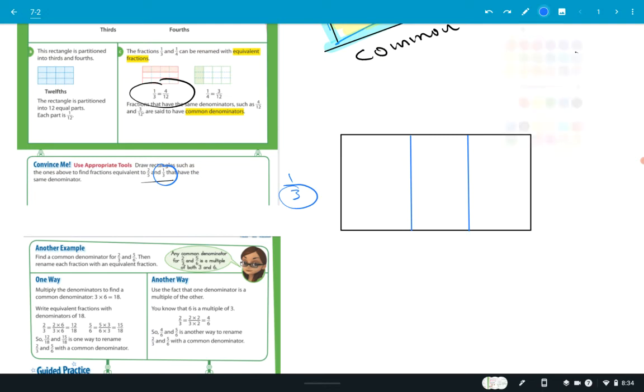So let's say 2/5. If I wanted to represent that with this rectangle, I would need to divide this into 5 parts. So let's see if I can get pretty close here. There's 1, 2, 3, 4, 5.